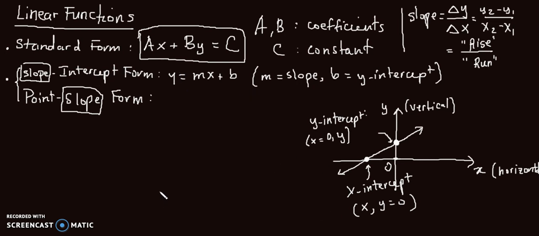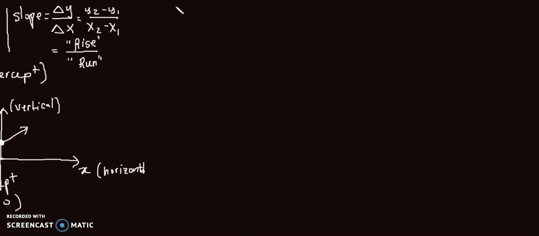Now let's try to graph the slope-intercept form, y equals mx plus b.